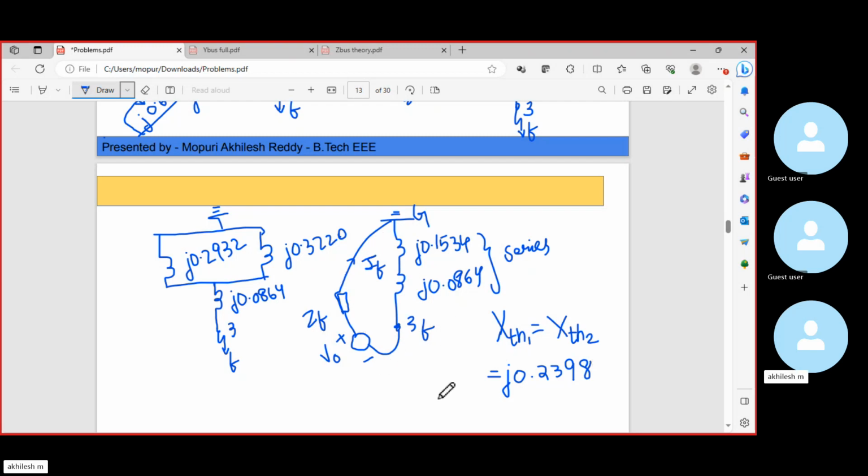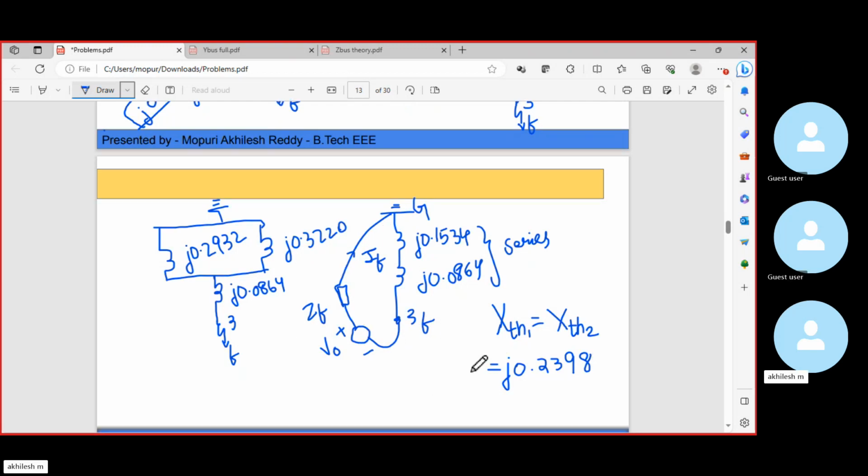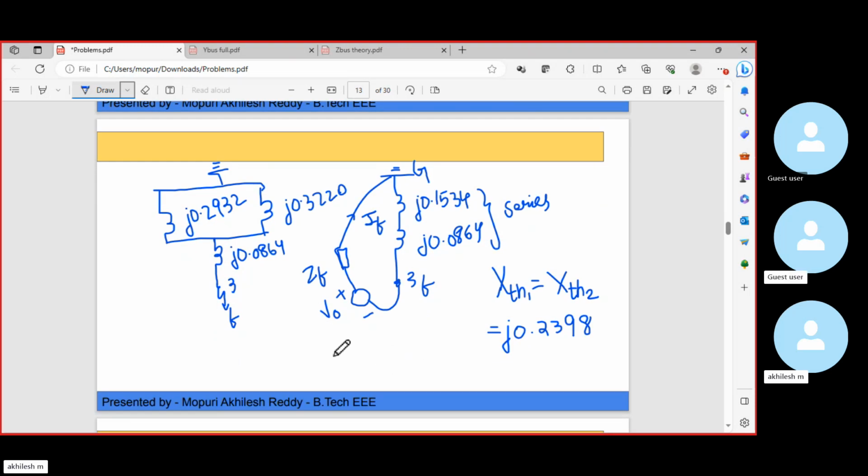This is the fault current, okay, and here also ZF is j0.1 per unit. ZF is nothing but j0.1 per unit, and my pre-fault voltage V0 is 1 at an angle 0 per unit.